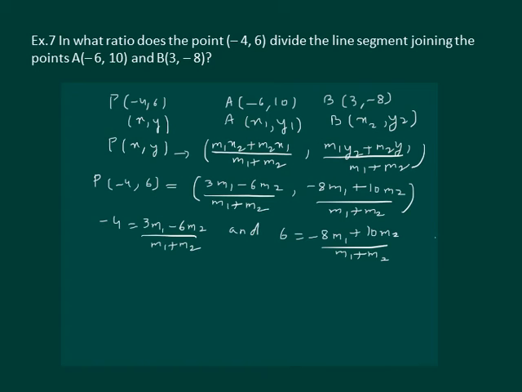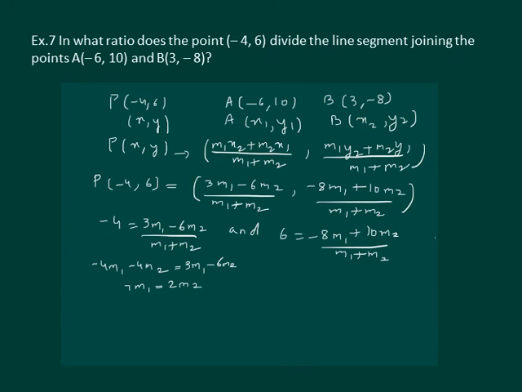Now we can cross multiply and find m1 and m2. Let us solve the first one. We get -4 times m1 minus 4 times m2 on cross multiplying, and 3 with this comes equal to 3 times m1 minus 6 times m2, which gives 7 times m1 equal to 2 times m2.